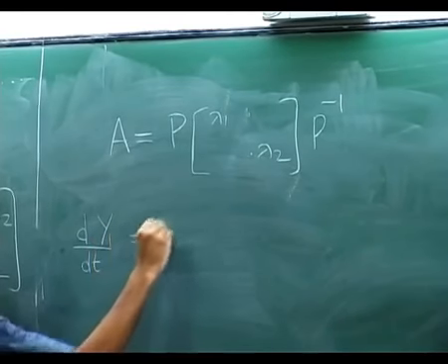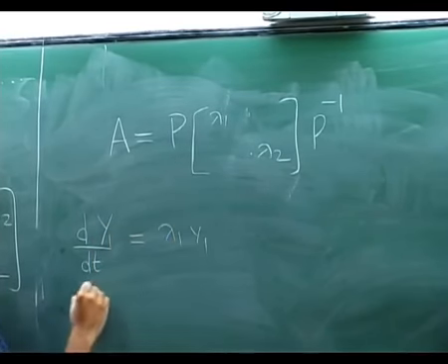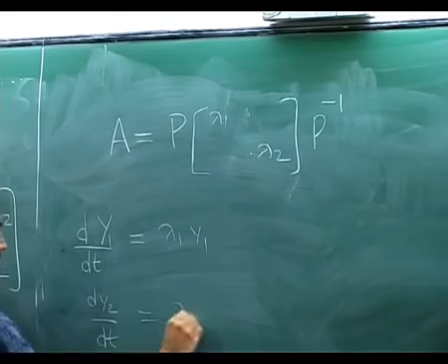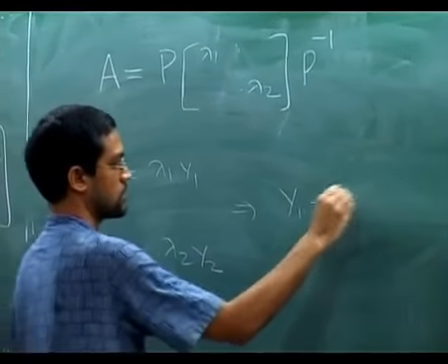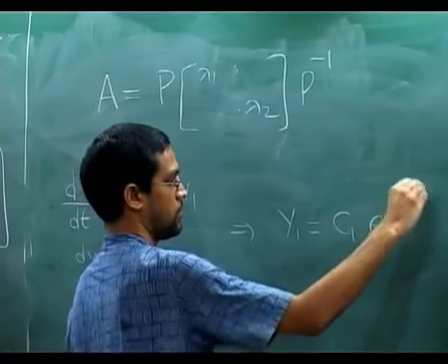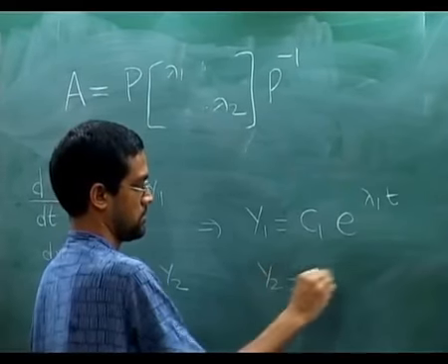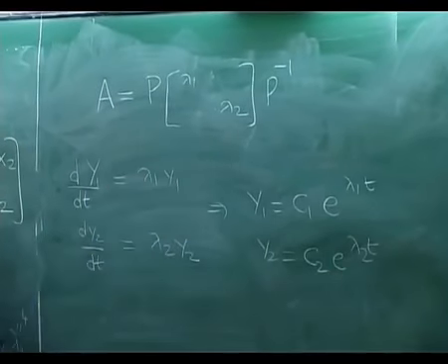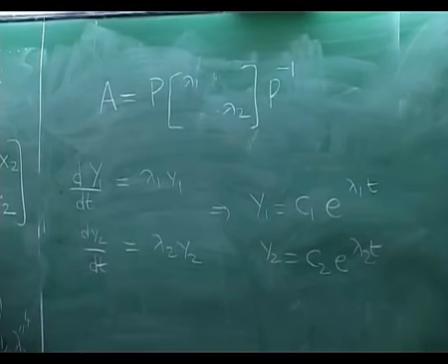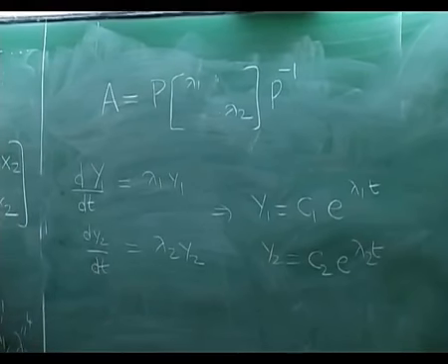So dy1/dt will be lambda 1 y1, dy2/dt will be lambda 2 y2. Therefore, I solve for y1 and y2: C1 e to the lambda 1 t and C2 e to the lambda 2 t. Okay, so these two I solve, and then how do I come back to calculate x?